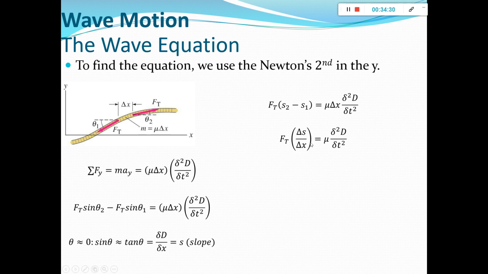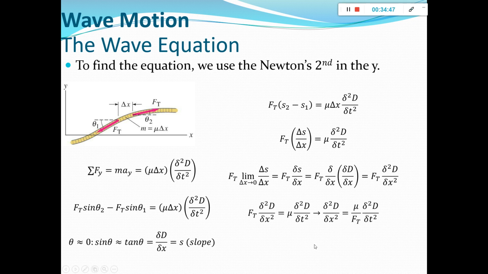Since slope in this case is defined as delta d over delta x, when we take the limit, this ends up being a second derivative of the displacement as a function of x. So recombining these two equations together, we end up getting this. This equation is the one-dimensional wave equation.